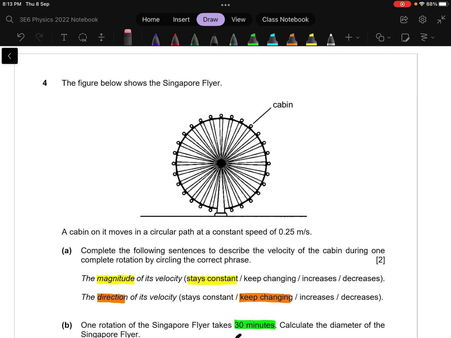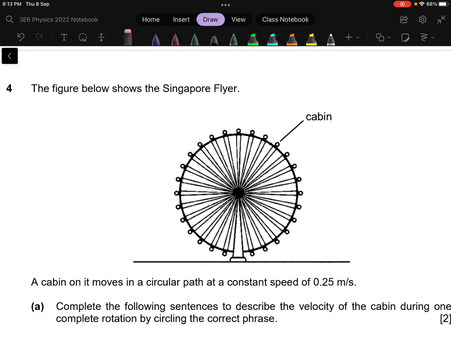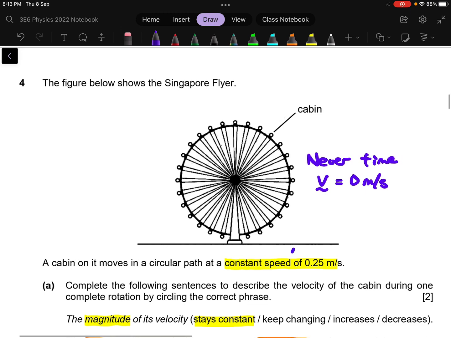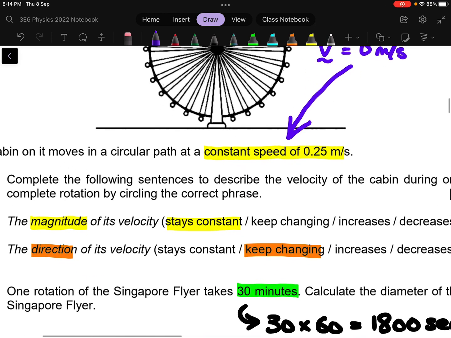Okay, then after that, for question 4, it is a question on kinematics, and we have practiced this in your summative worksheet. Down here, you should know that this particular thing is spinning constantly. So there is never a time whereby your v will become 0 meter per second, even though there are turning points and maximum heights, because the cabin is moving constantly, right?